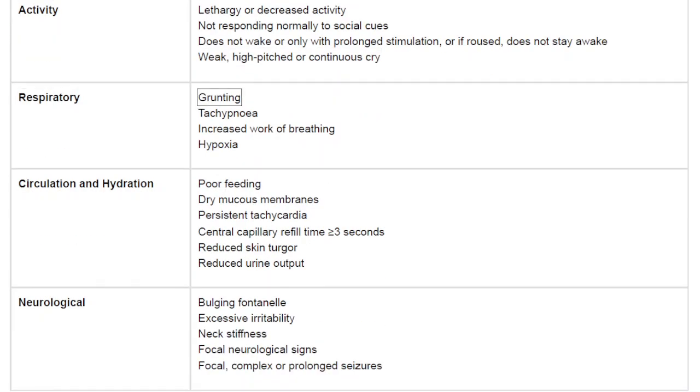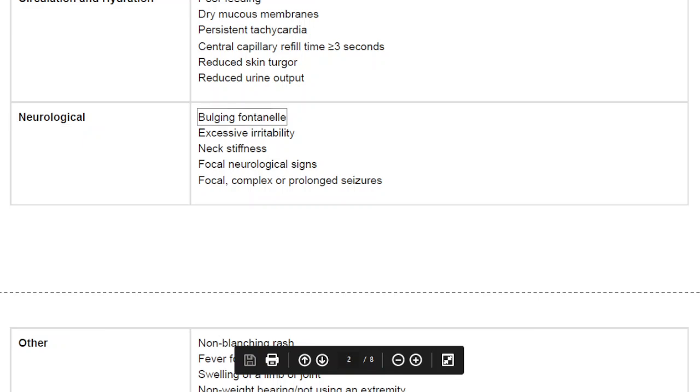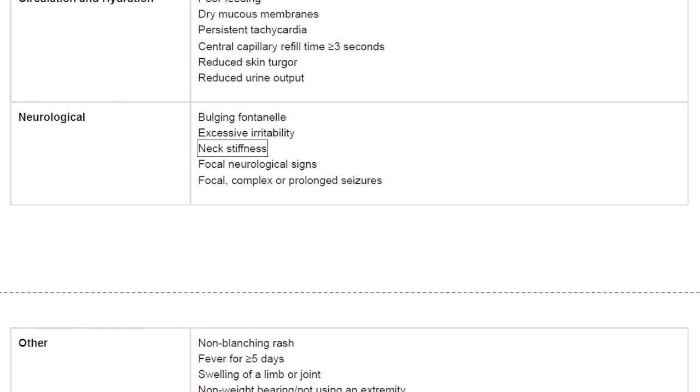Respiratory: grunting, tachypnoea, increased work of breathing, hypoxia. Circulation and hydration: poor feeding, dry mucous membranes, persistent tachycardia, central capillary refill time greater than or equal to 3 seconds, reduced skin turgor, reduced urine output. Neurological: bulging fontanelle, excessive irritability, neck stiffness.